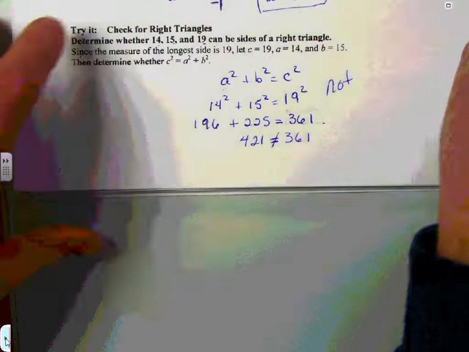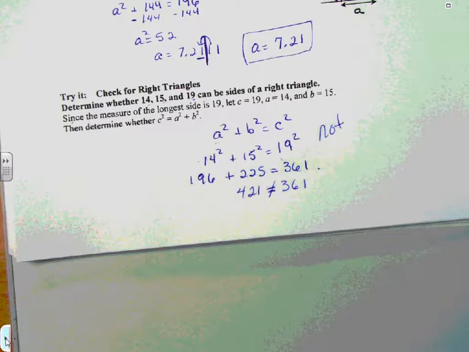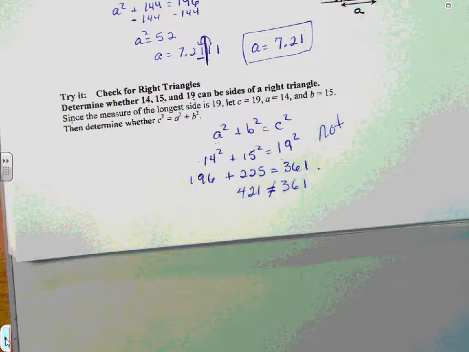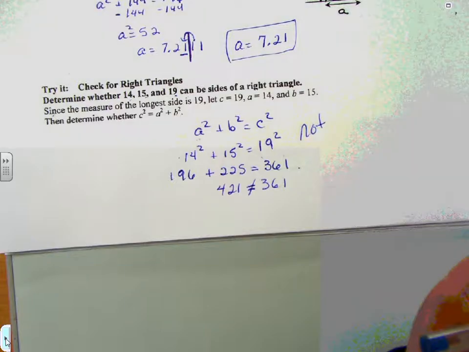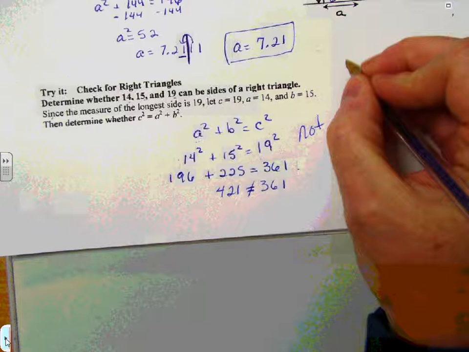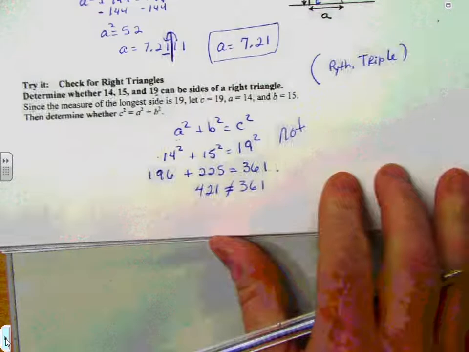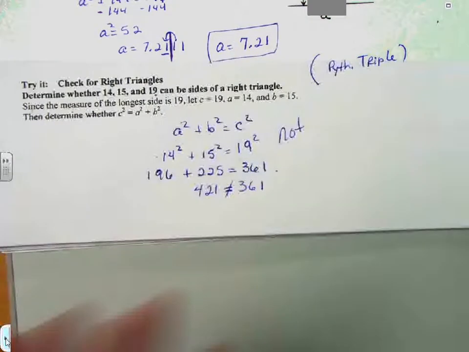Now, there's something called, I always forget the name of it, a Pythagorean triple. Are you listening? Because you're going to have to do this on your homework, and this is not in your notes. So you might put Pythagorean triple. That's a special type of right triangle.